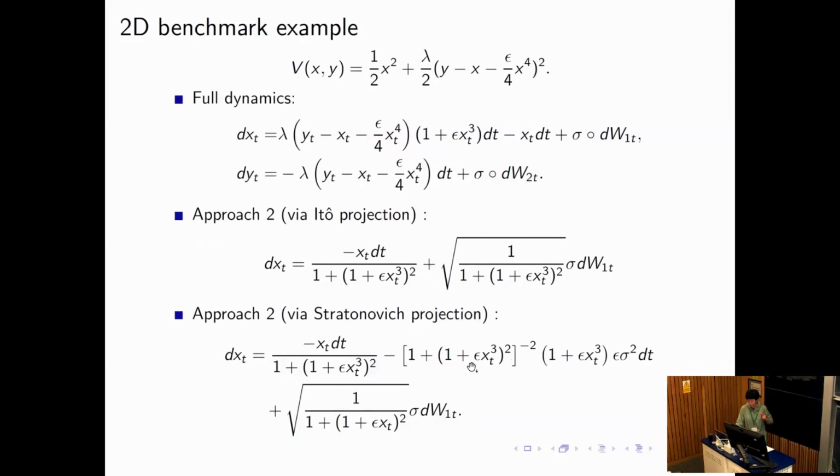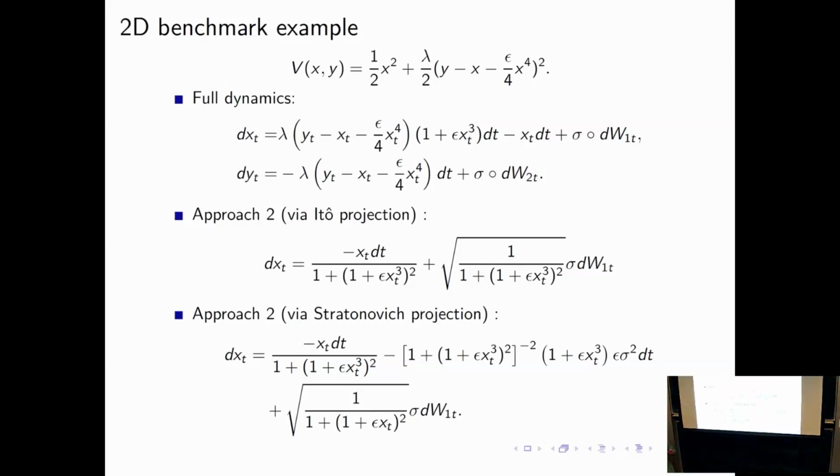And I want to point out that the reason we observed that we have to use the Stratonovich projection is that at first, we spent a lot of time ignoring the Ito effect and only working on the Ito formulation, trying to still mimic Mori-Zwanzig. So we can get this Ito formulation of approach 2.